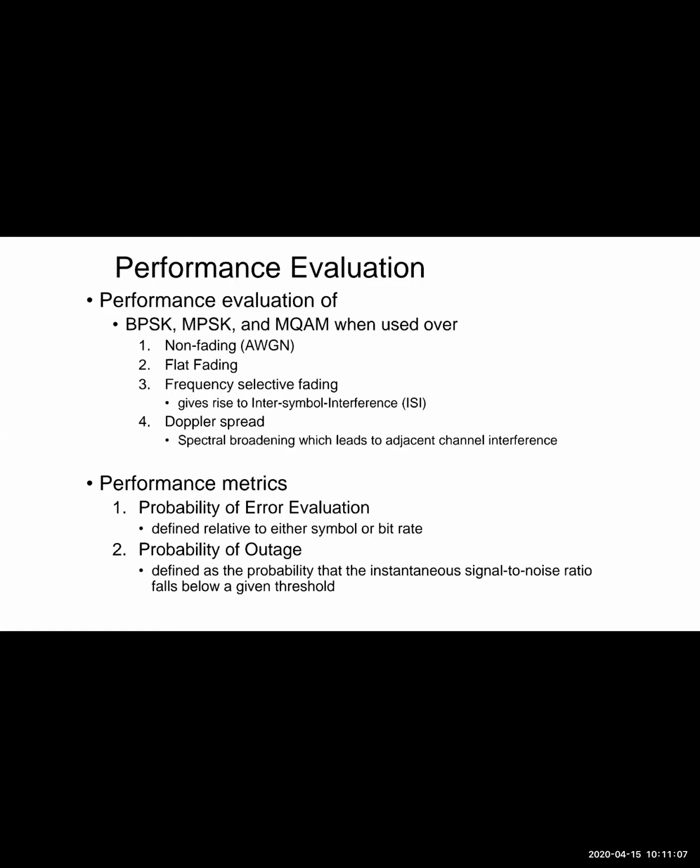These are the two normal metrics used in assessing any modulation technique in a wireless or mobile channel: the bit error rate, which we will normally call the BER, and the probability of outage. Any question on that slide? No, please.